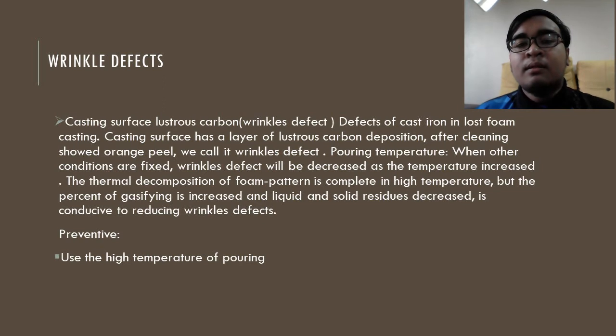Lastly is the wrinkle defect. The casting surface is lacking carbon. We call it wrinkle defect, a defect of cast irons in lost foam casting. The casting surface has a layer of lustrous carbon depositions after cleaning. So cleaning shows an orange peel look. We call it a wrinkle defect. With pouring temperature, when other conditions are fixed, the wrinkle defect will increase as the temperature decreases.